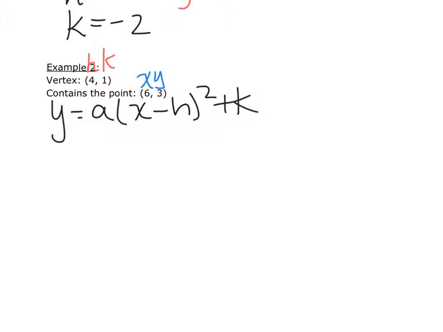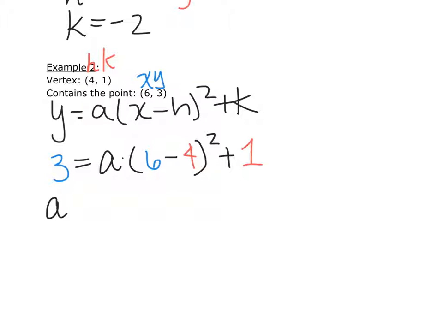So I have 3 equals a times 6 minus 4 squared plus 1.